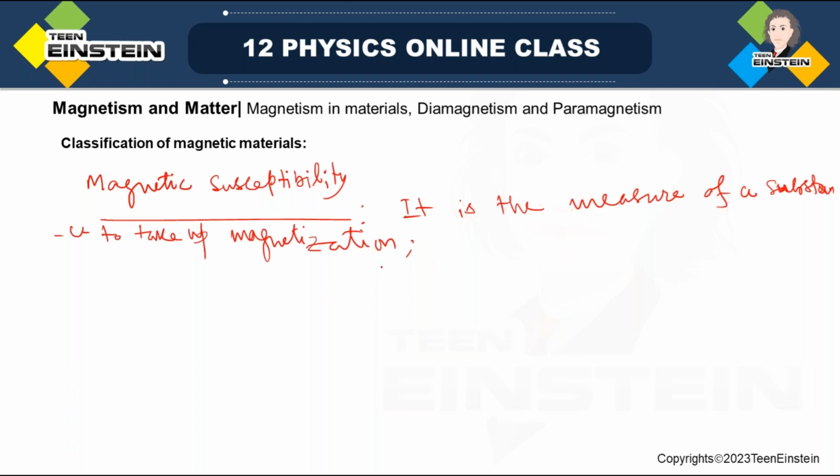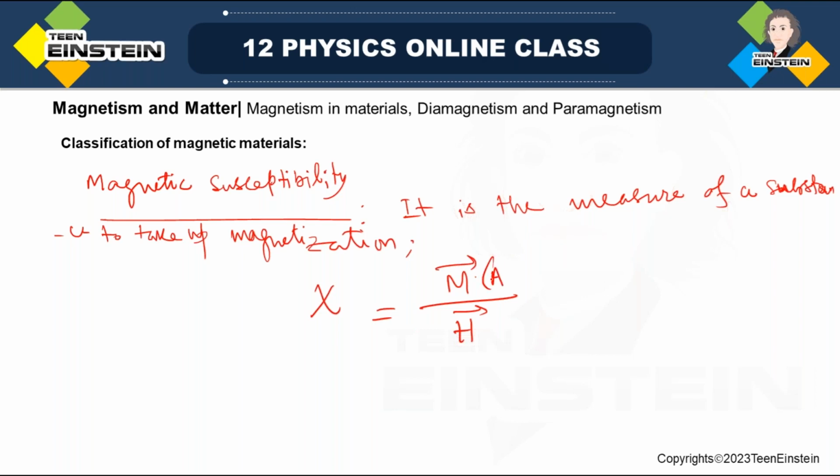So magnetic susceptibility is denoted by chi. Chi is equal to M by H, magnetization divided by magnetic field intensity. So this susceptibility is the ratio of two quantities having the same units, ampere per meter.